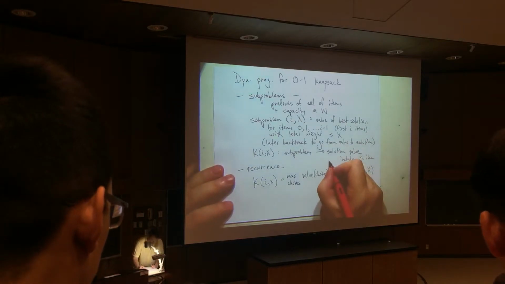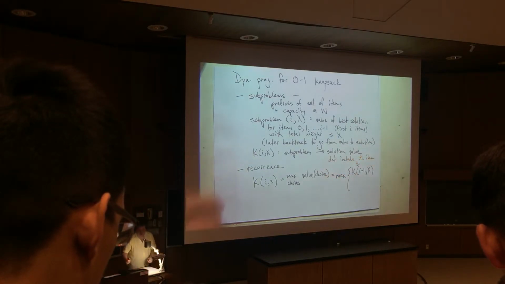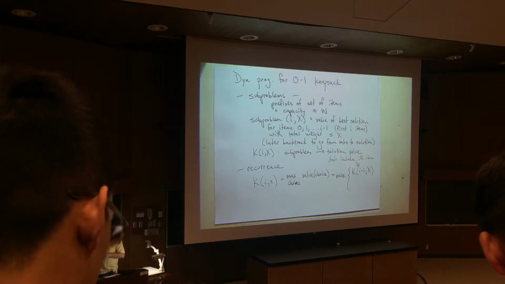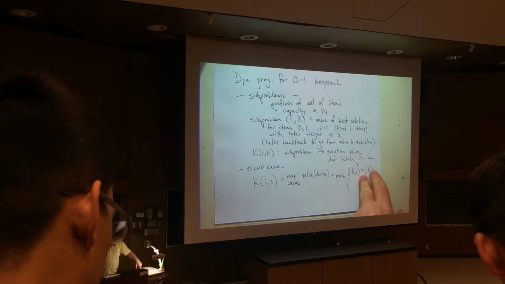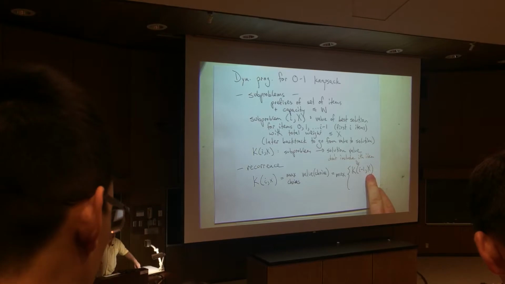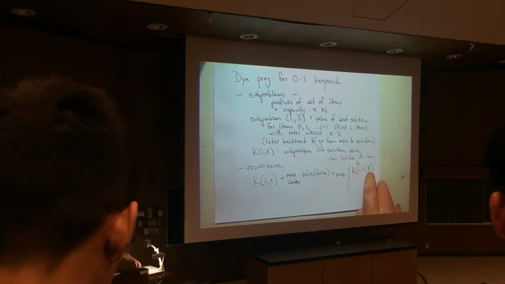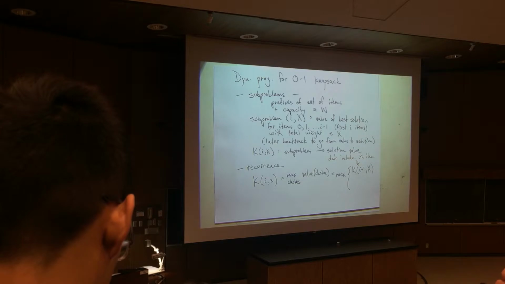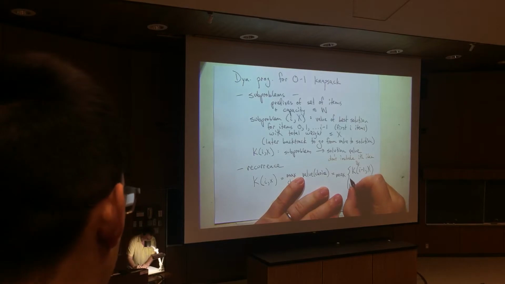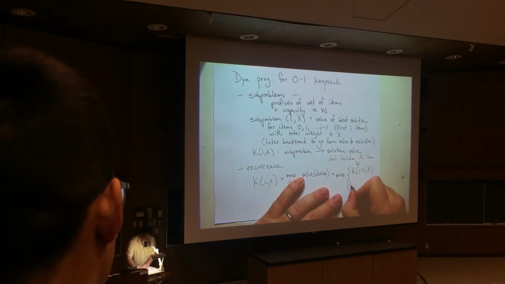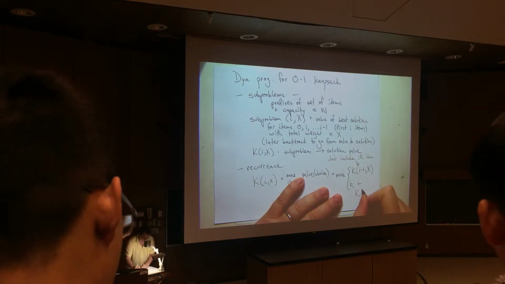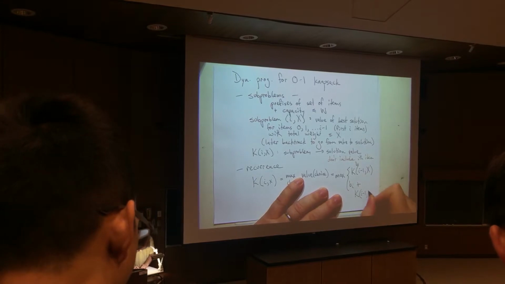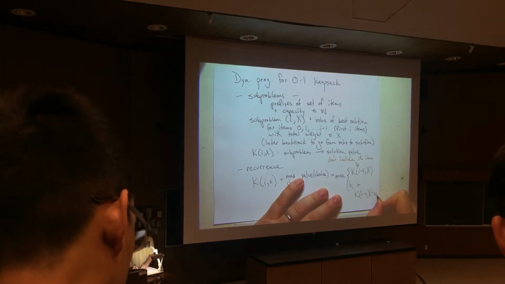If we don't include the ith item, then we're looking at a subproblem where we have one fewer item, because we're not including that one, and the same capacity, because when we don't include an item, it doesn't change how much capacity we have left. Or we can include it, and then we get its benefit, plus K of I minus 1, X minus its weight.